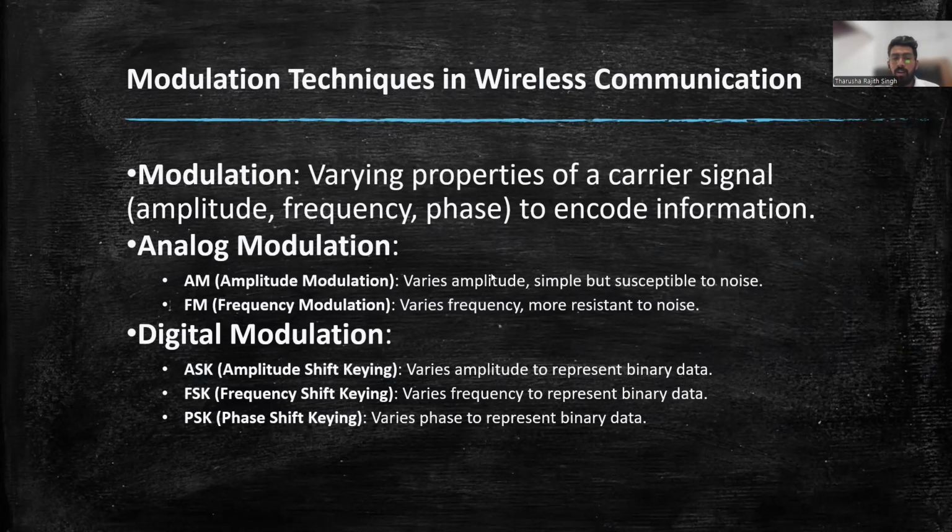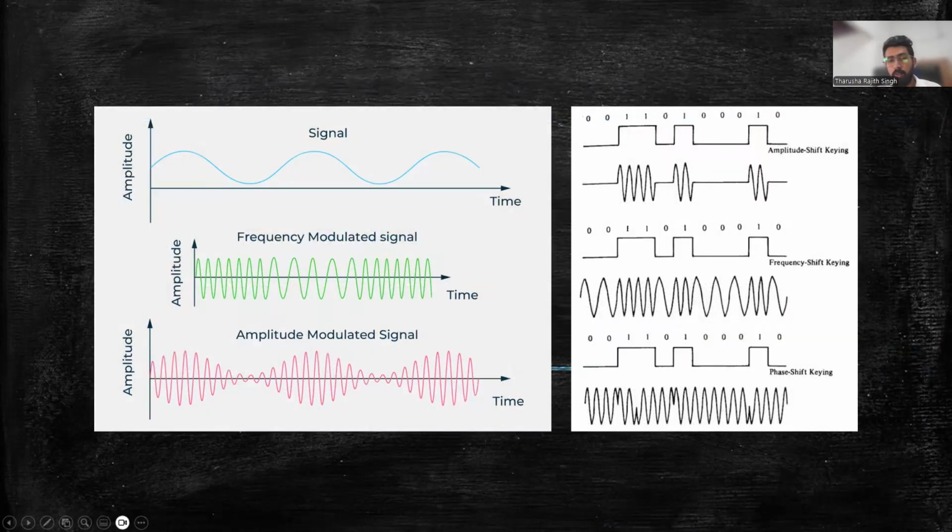Okay, and now let's move on to the comparison of modulation techniques. So, as shown in the image, AM and FM are used in analog communication, while ASK, FSK, and PSK are used in digital communication.